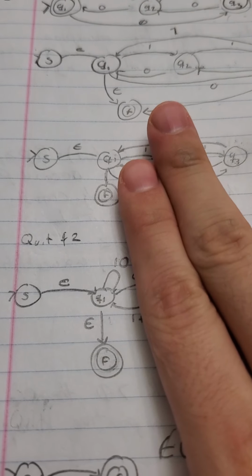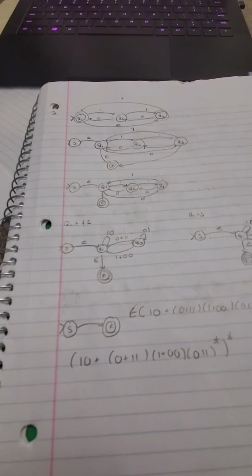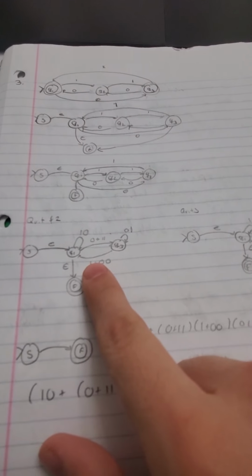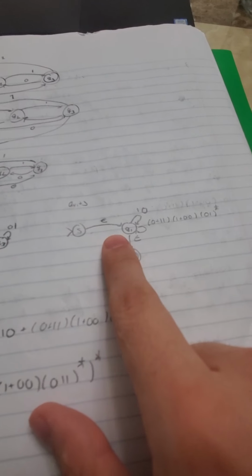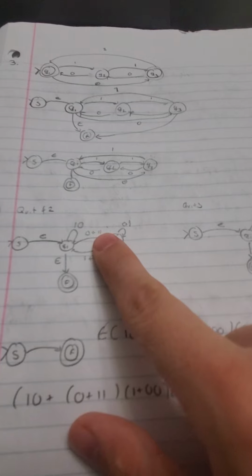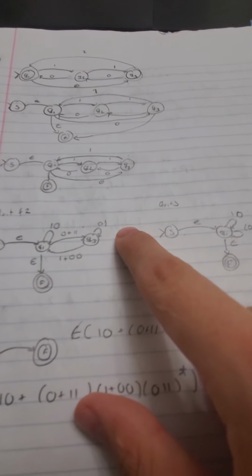After erasing Q2, as we go into Q3, we have all of the ones that we have: 0 plus 1 1, 1 plus 0 0, and 0 1.